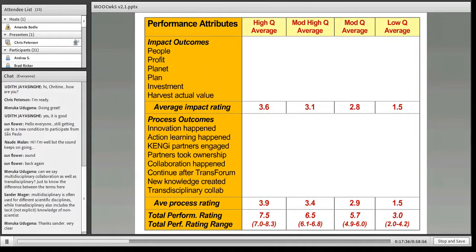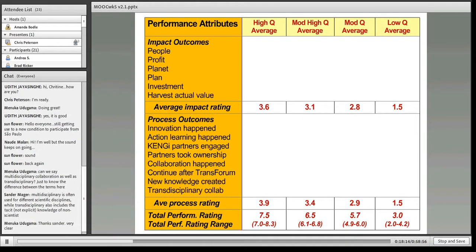But in addition, some of the projects were really designed to fundamentally plan for a value creation methodology, whereas others were able to push beyond planning to full investment. And then there were some projects that existed long enough under the time span of Transforum that not only did they plan and invest, but they actually got to the point of harvesting the actual value.